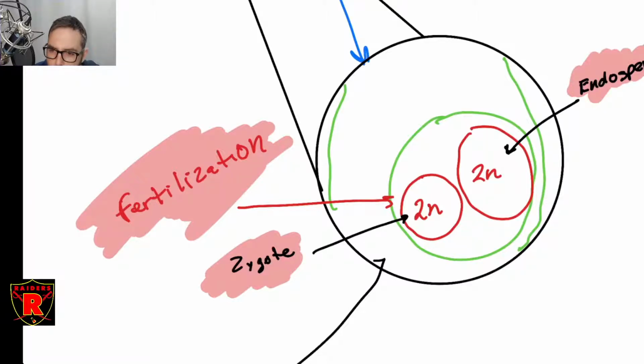So only angiosperms and gymnosperms produce endosperms? That is my understanding. Now, hold on.